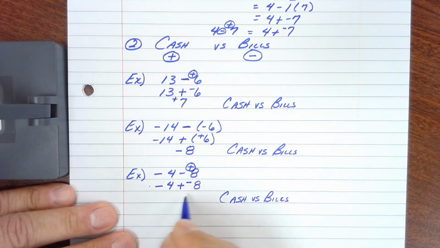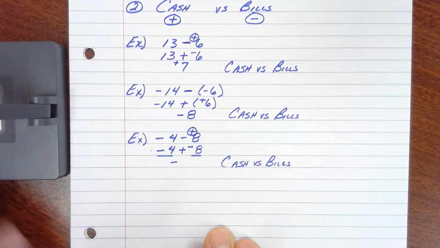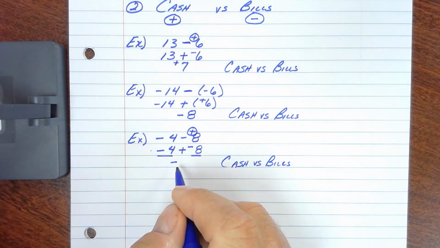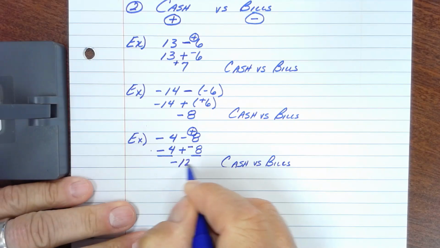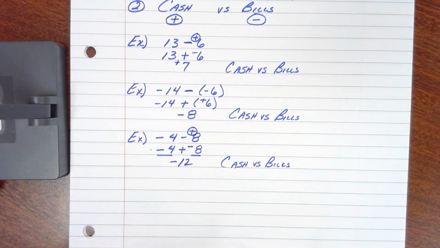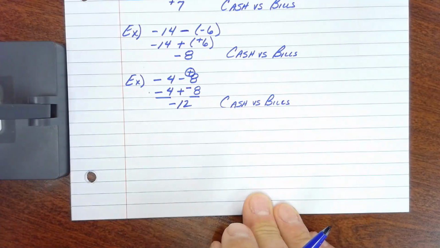What do I have more of? Well, the only thing I got is bills. I don't have anything. I owe people $4 and I owe them $8. I got to remember my own lunch money tomorrow. I owe $12. Okay? You got to be able to compute these things.